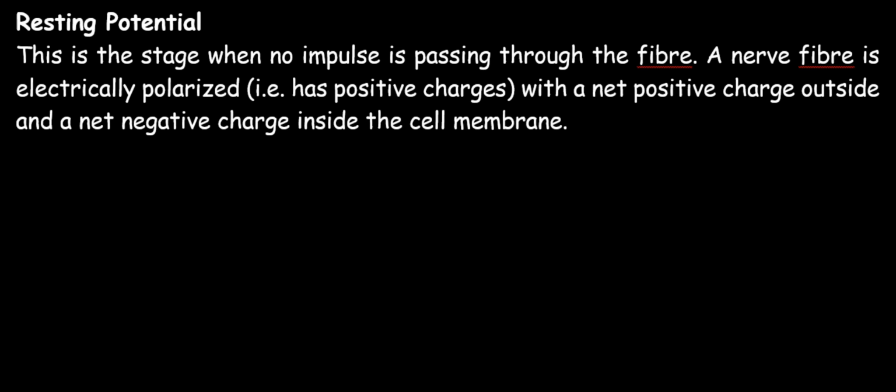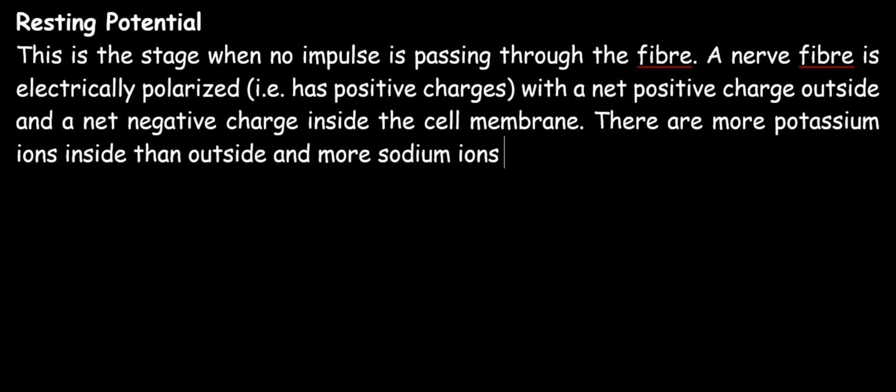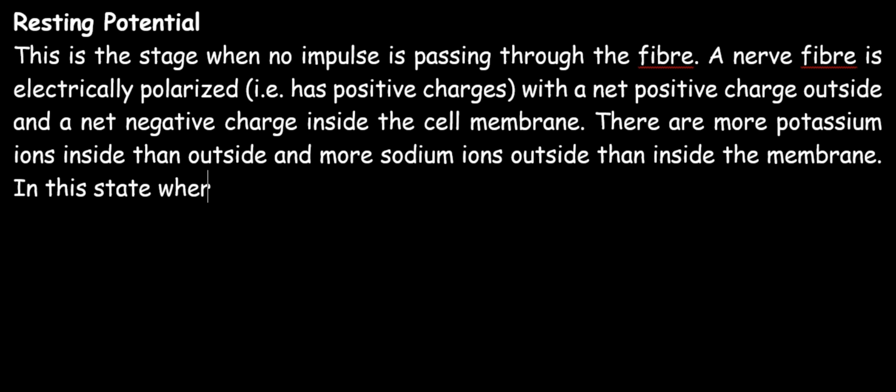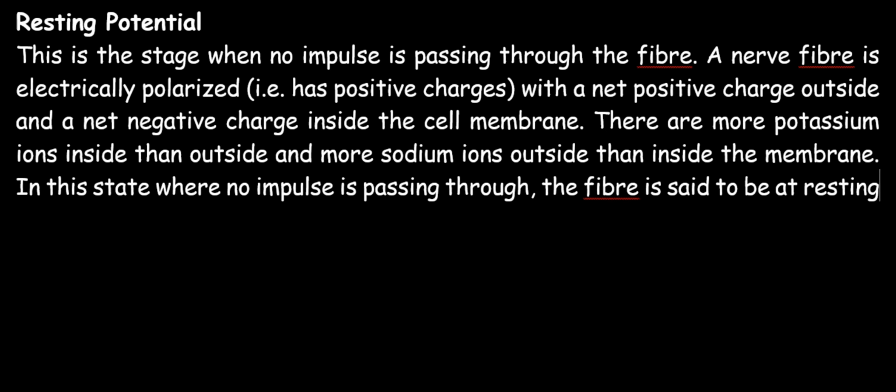There are more potassium ions inside than outside, and more sodium ions outside than inside the membrane. In this state, where no impulse or message or transmission is passing through the nerve fiber, the nerve fiber is said to be at a resting potential.